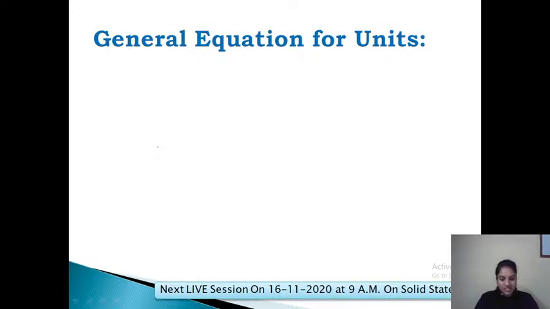First, what we should know is the unit for concentration. If you know the unit for concentration, then for any reaction, k, the rate constant, is equal to rate upon concentration of A raised to x, concentration of B raised to y. The unit of rate is concentration by time.